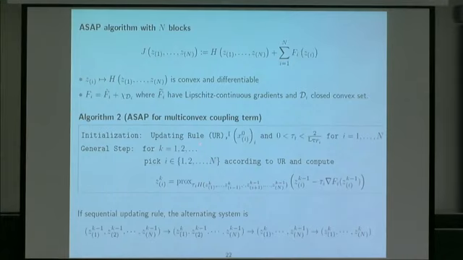We can choose different updating rules. According to the update rule, for each k, you pick an index between 1 and n, and you just do the same: you fix all the z j except z i, and you compute the prox with respect to the z i component, and this is the full algorithm.